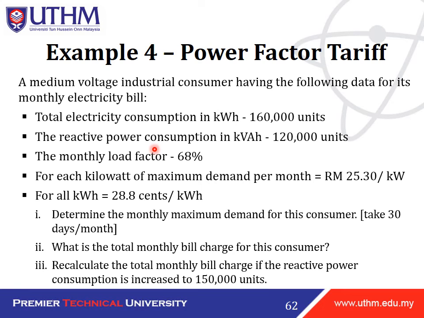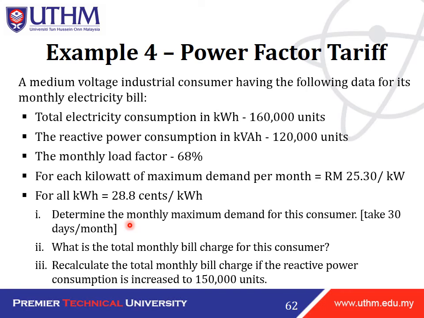The reactive power consumption is 120,000 kVArh units. The monthly load factor is 68%. For each kilowatt of maximum demand per month is RM 25.30 per kilowatt, and for all kilowatt hour is 28.8 cents per kilowatt hour.